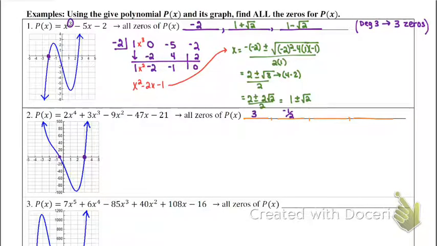If I don't get a remainder of 0, then I'll know it was wrong. And then I could go to my calculator and type it in to see if I can get something more exact. But let's give it a shot. So I'm going to start with my first 0 of 3. I'm going to put my coefficients.